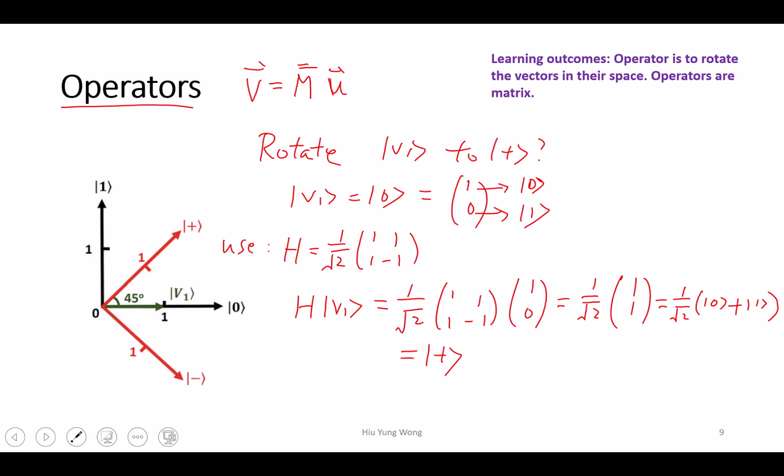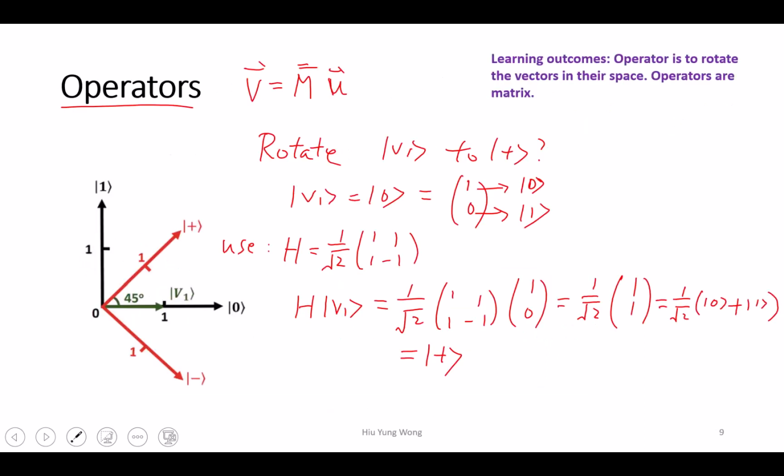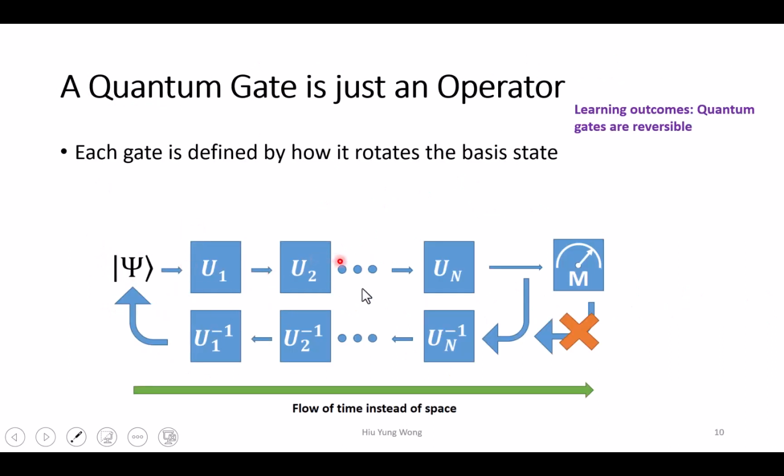So the point here I want you to remember is now I introduce something called an operator, right? And later, when we talk about the hardware, we'll see how you implement this operator physically. So let me remind you, right? In a quantum computer, we have the input wave function, a state can be 0, like what we are showing here. And then we go through different types of gates. And these gates adjust the state. I mean, mathematically, they are matrices.